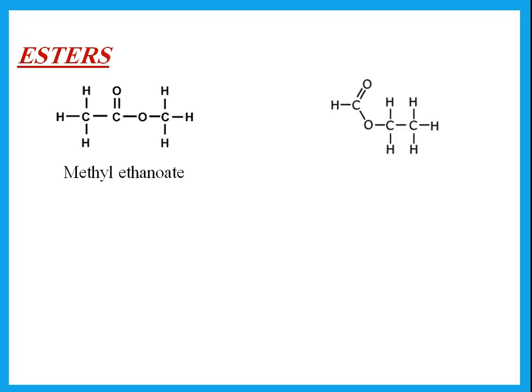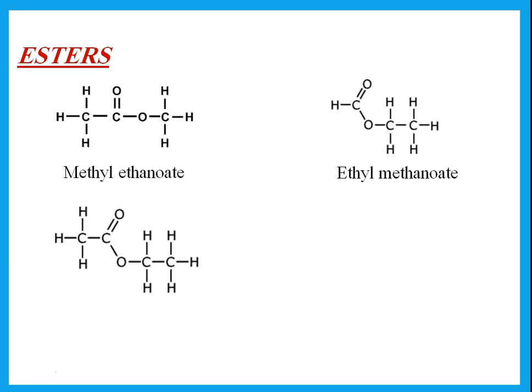Let's try this one. Again, the part that says HC double bond O single bond O, that was the acid. And the rest that has the 2 carbons joined together, that was the alcohol. So which alcohol was it? This is something with 2 carbons, so that's ethyl. And the acid was something with 1 carbon, so that is methanoate. Can you name this? Okay, try naming this.